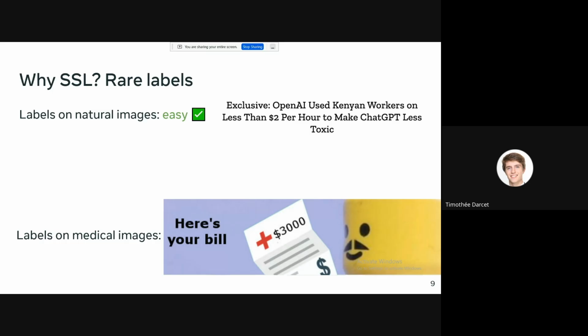And so the quantity of medical annotated data is very limited in the world. However, the quantity of unannotated medical data, there's a ton of those. So for medical data, for example, self-supervised learning is super useful. You can exploit this mass of unlabeled images, and that's super interesting.